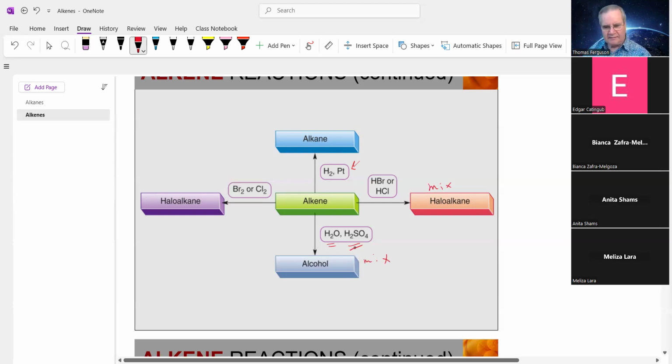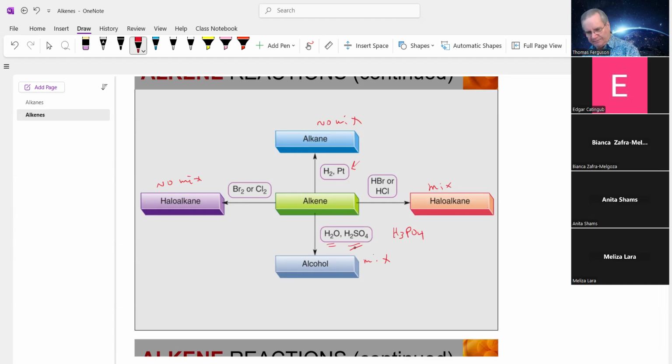Frequently, strong acids in organic chemistry are usually H2SO4 or phosphoric acid. Like when we make aspirin, we're going to be using phosphoric acid. Now this is important, this mix, because once we have a mix, then we have to determine which ones are stable and which ones are less stable. And when you have no mix, you don't have to worry about that.